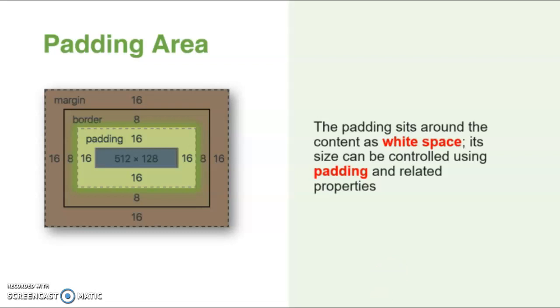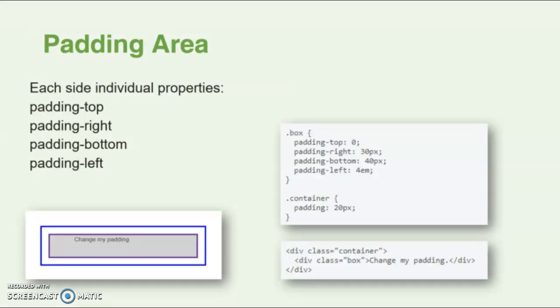We can control the padding on each side of an element using the padding property, or each side individually using equivalent longhand properties: padding-top, padding-right, padding-bottom, padding-left.